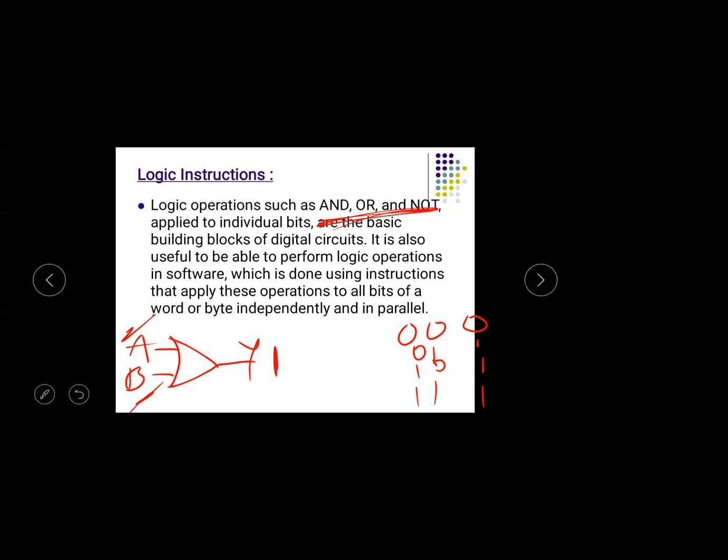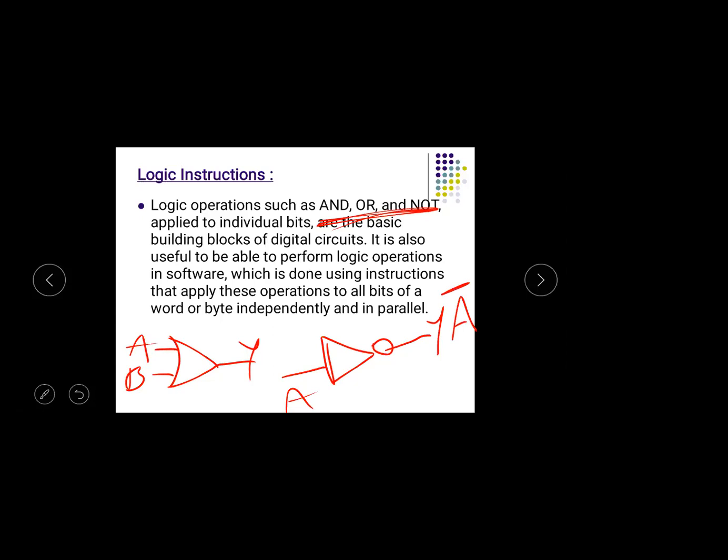And the next one is the NOT gate. The NOT gate symbol is also known to all of you. It is a single input gate. This is A and Y is A bar. If the input is 1, the output is 0.